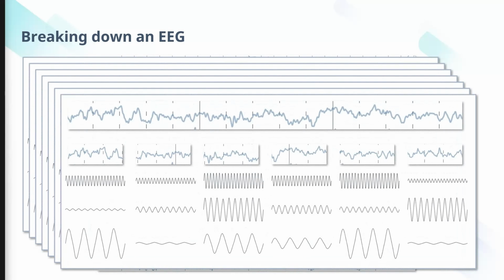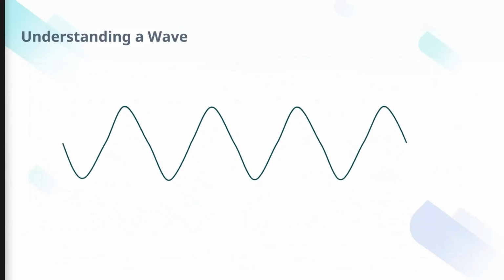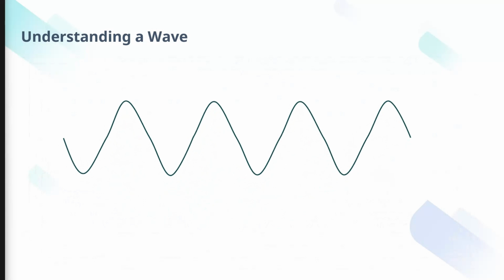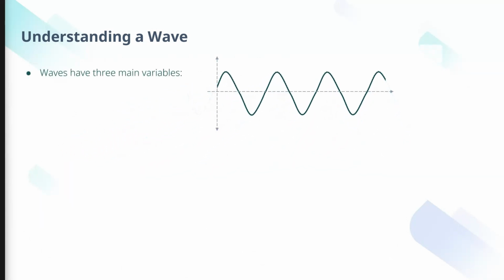And then each epoch for each signal is broken up into alpha, beta, gamma, etc. So all we have are clean waves in one frequency for a small period of time. So now let's break down these waves and talk about some of the dynamics and variables associated with them. There's 3 that we really care about.